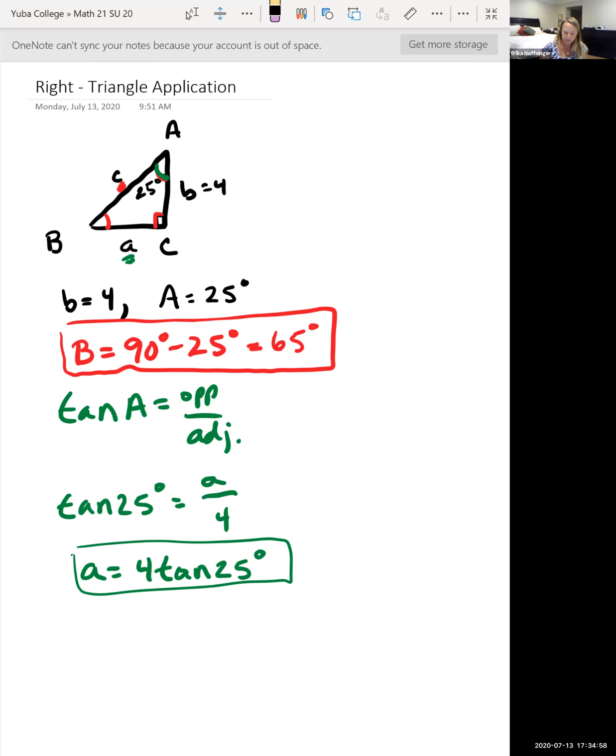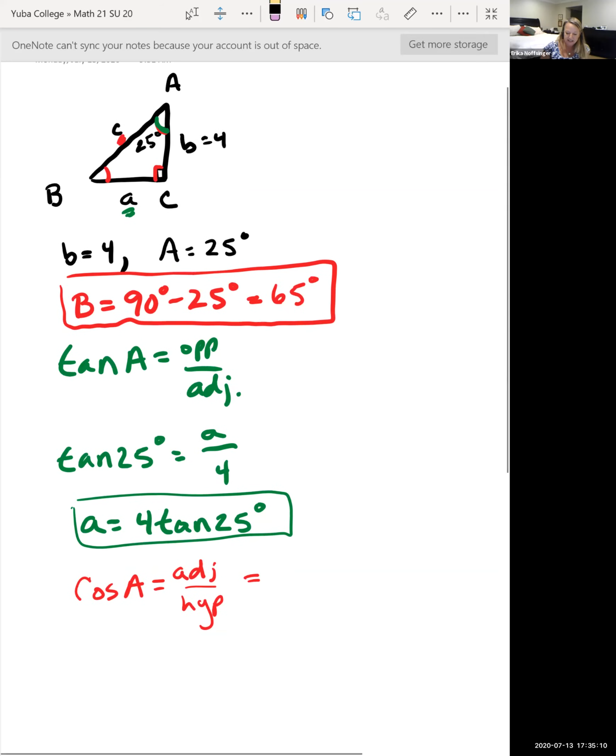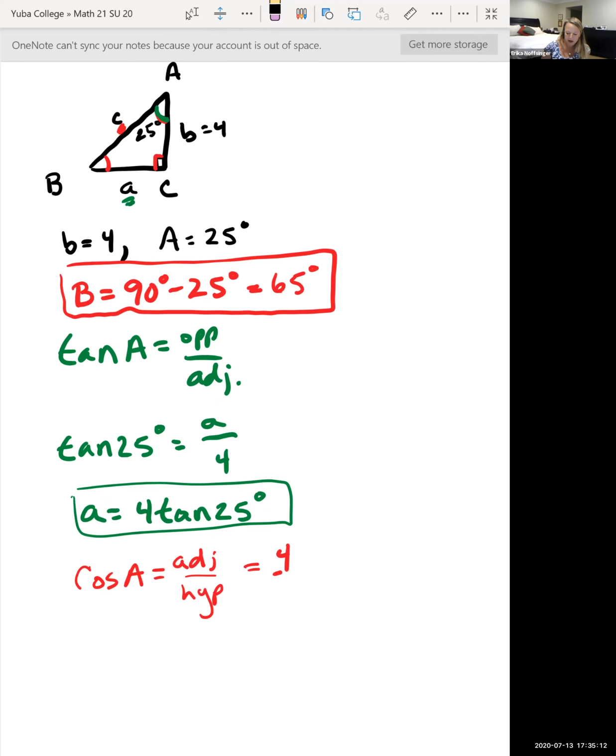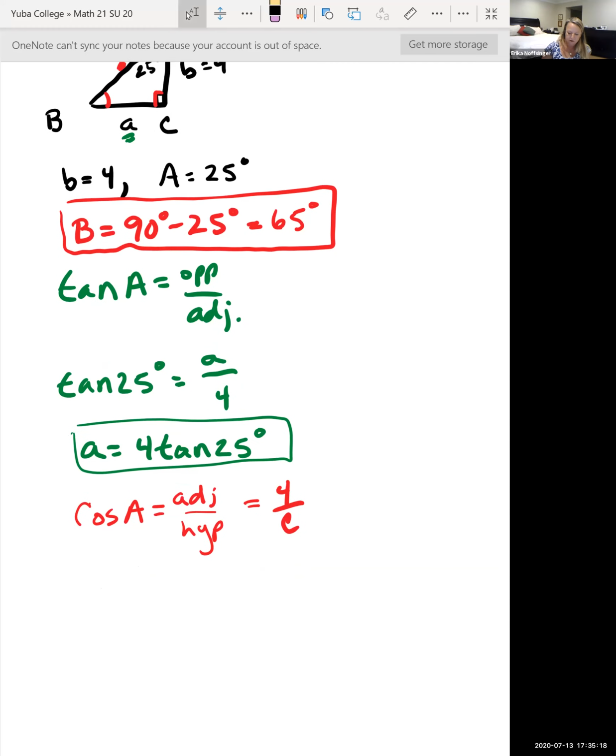So cosine of A is equal to the adjacent over the hypotenuse. The adjacent side is 4 all over the hypotenuse C. So cosine of 25 degrees is equal to 4 over C.